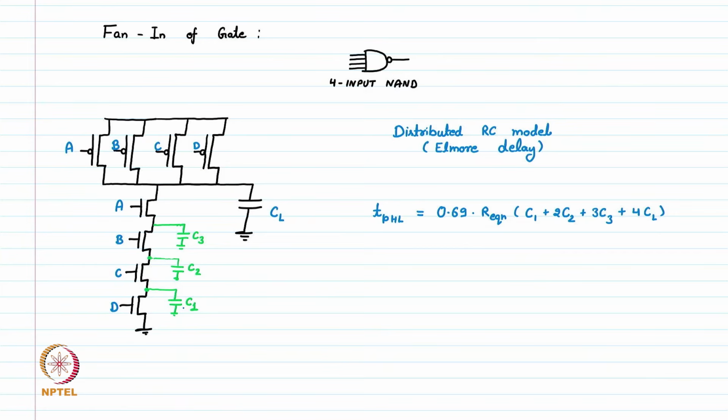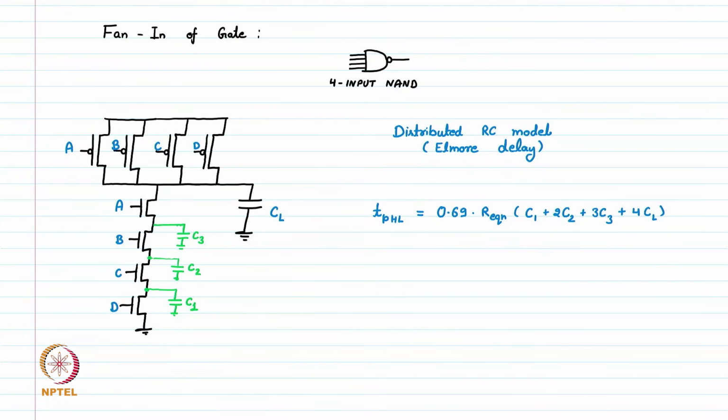The first is C1, so we write C1 plus the next capacitance, one level above, which is C2, so this is twice C2, plus the third capacitance, C3, which is 3 levels above, so we write 3C3, plus the other capacitance CL, which is similar to C1, C2, C3, but now it is at the fourth level, so we write 4CL.